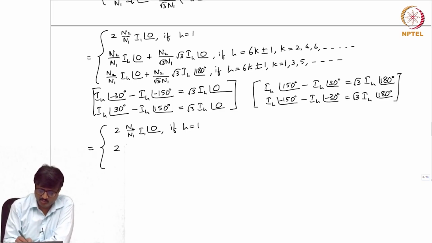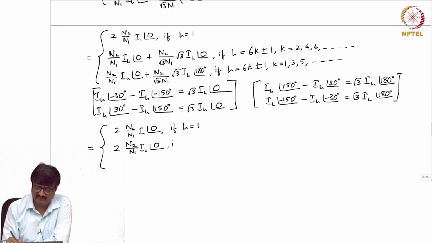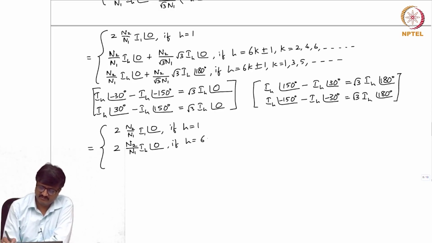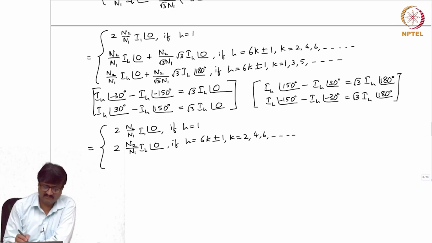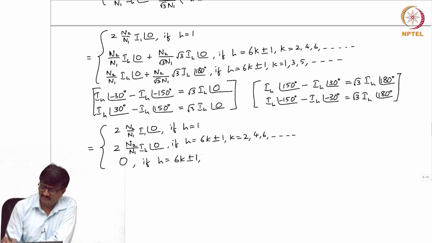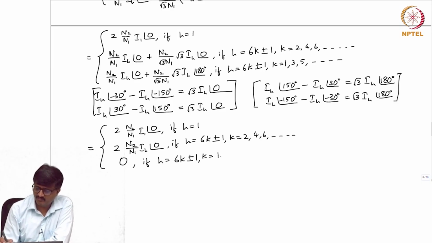So, it is 2 times N2 by N1 IH at an angle 0 if H is equal to 6k plus minus 1, k is equal to 2, 4, 6, and so on, and the last case is 0 if H is equal to 6k plus minus 1, k is equal to 1, 3, 5, and so on.